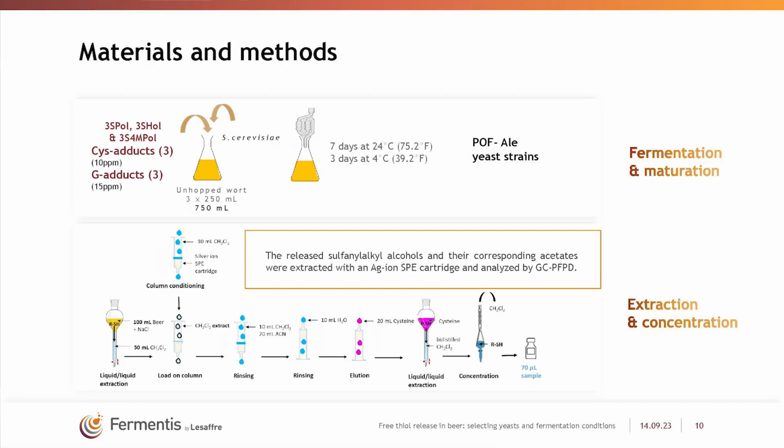Then we went through fermentation, 7 days at 24 degrees Celsius, and then 3 days at 4 degrees Celsius, using different ale strains and different lager strains. So a lot of fermentation flasks, a lot of trials, and a very long extraction process at the end of the fermentation and maturation. We extracted the thiols that were produced, and then we measured them through gas chromatography.